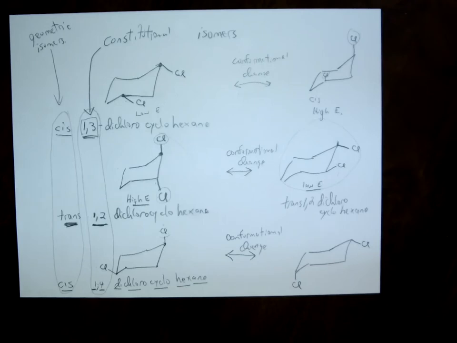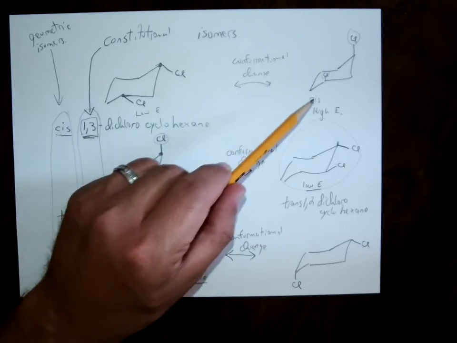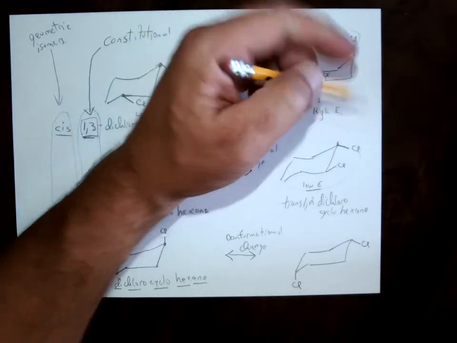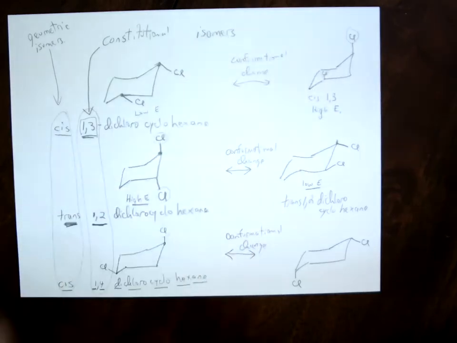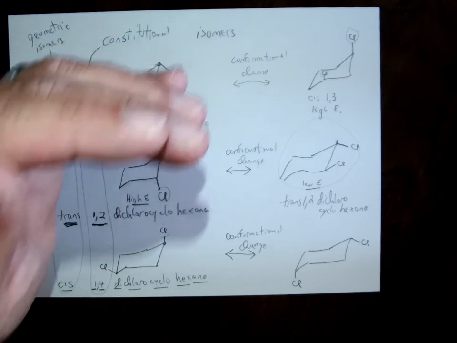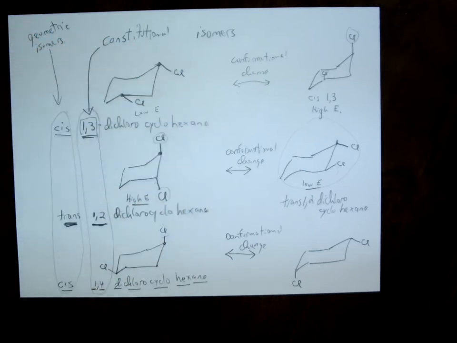It retains its constitutional and geometric isomerism, or if it was cis-1,3, it stays cis-1,3 dichlorocyclohexane, but now the equatorial positions turn into axial positions and vice versa.